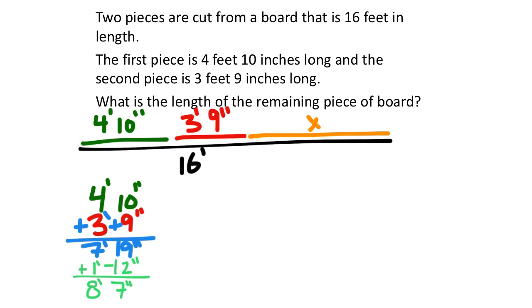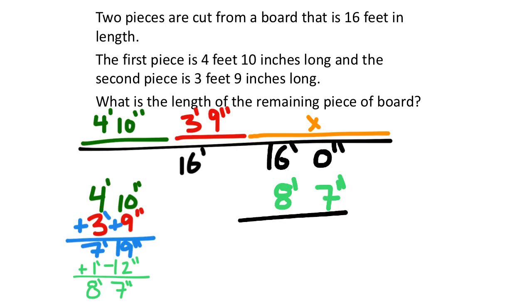So now I'm ready to go to my original 16 feet, and I'm going to take that 8 feet 7 inches, and we'll have to subtract it from 16 feet. Now that's 16 feet 0 inches, which some of you recognize. I don't have enough inches to take away 7. So what am I going to do? I need to borrow from the 16 right there.